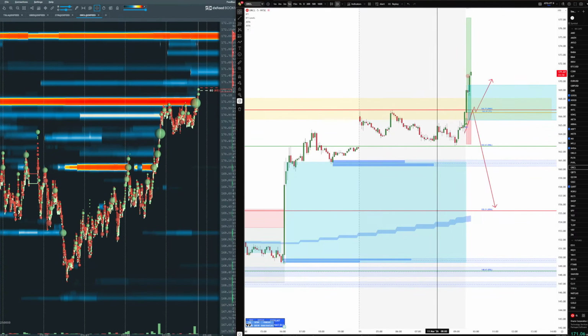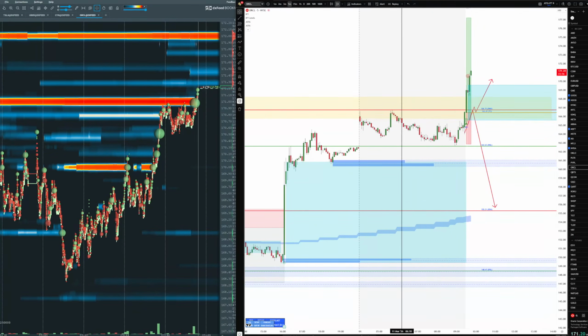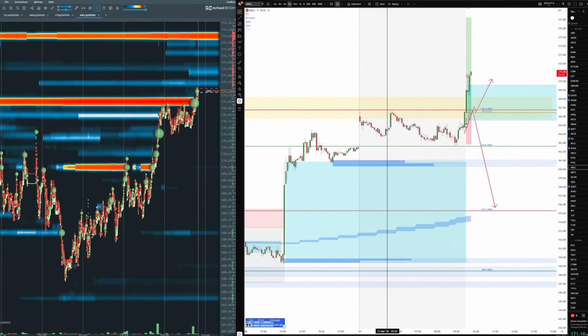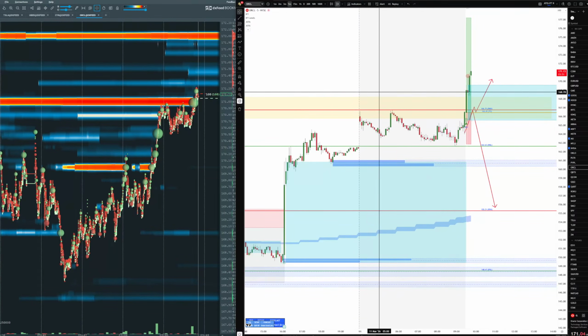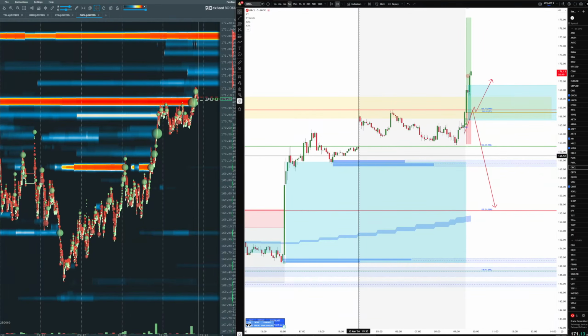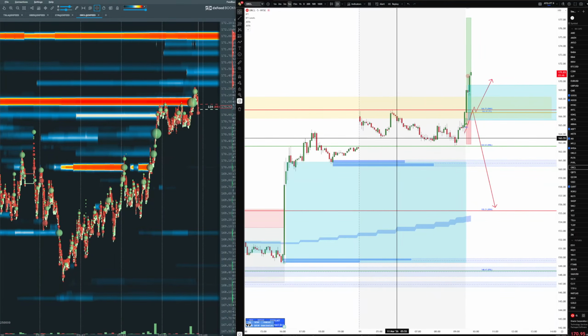There we go. Breakout 171, stay in. We use only the 1 minute for the timing of the entry.